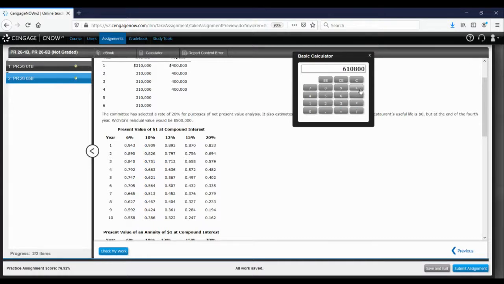For the third year is 231,600. And for the fourth year, it was 192,800. And when we add all those together combined, it'll give you $1,035,200.